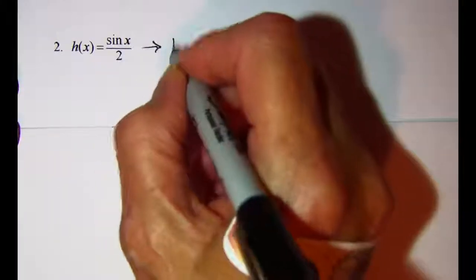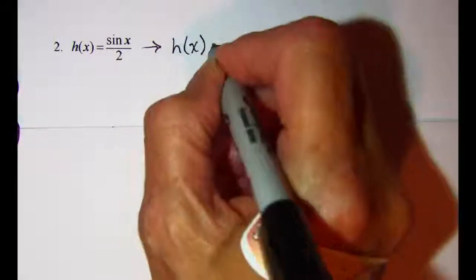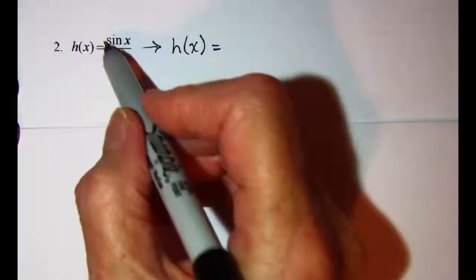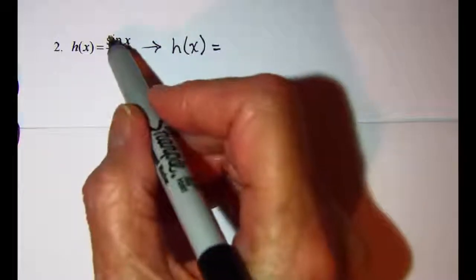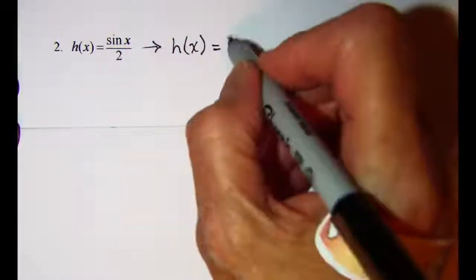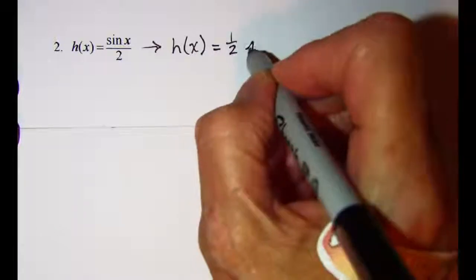On my next example, I would rewrite this function h of x equals, and I can see that my numerical coefficient of my function is 1 over 2. So 1/2 sine x.